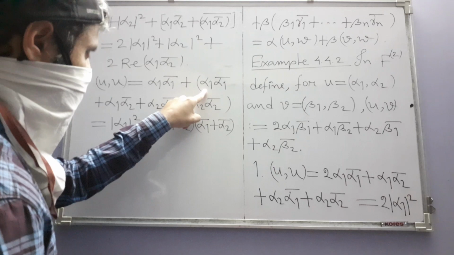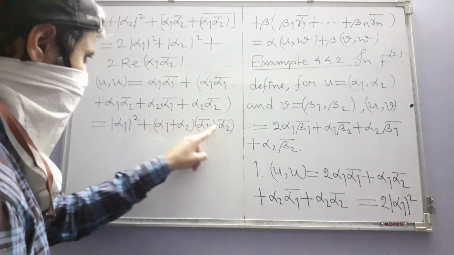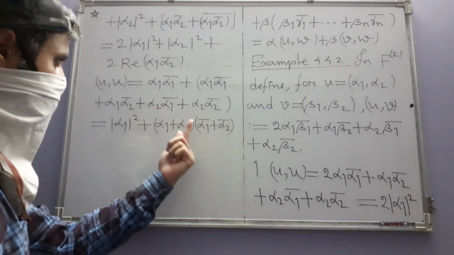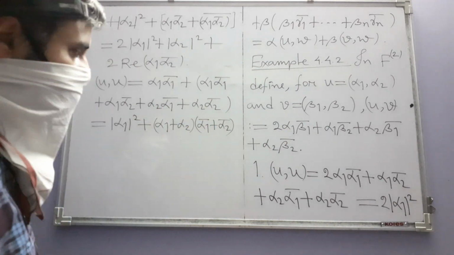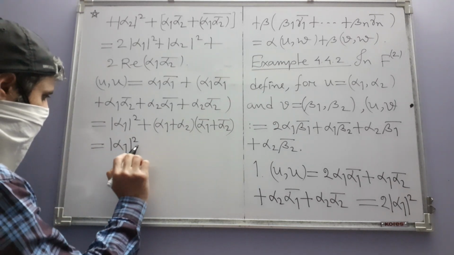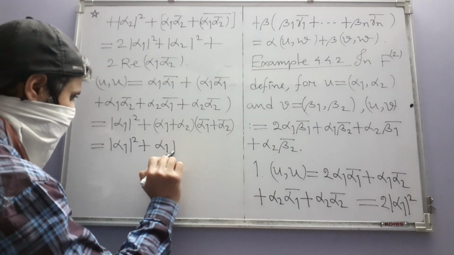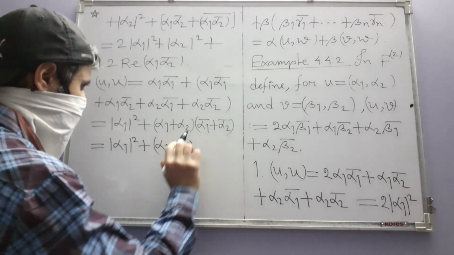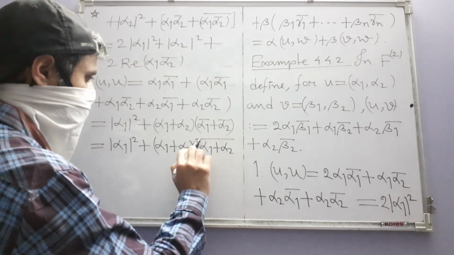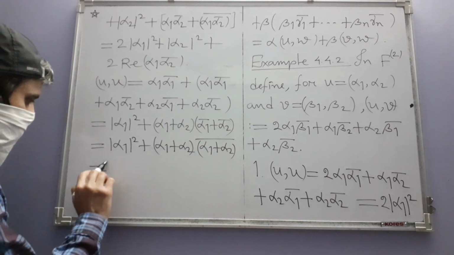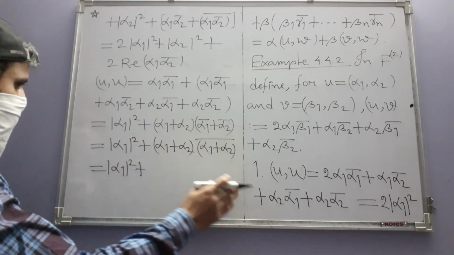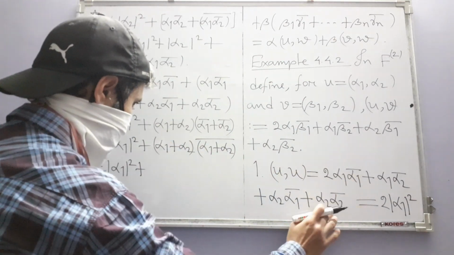Alpha 1 alpha 1 bar plus alpha 1 alpha 2 bar that we have here plus alpha 2 alpha 1 bar plus alpha 2 alpha 2 bar, yes, and this is nothing but the complex conjugate of alpha 1 plus alpha 2, and this is again a product like this.